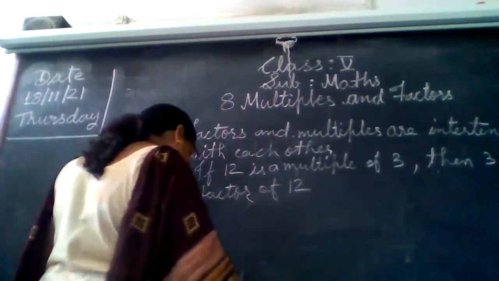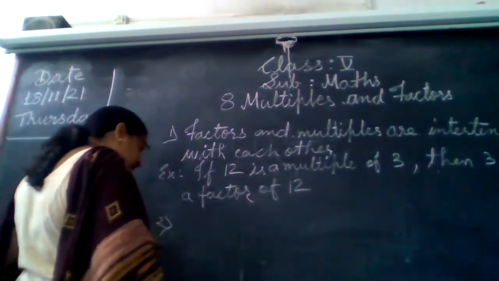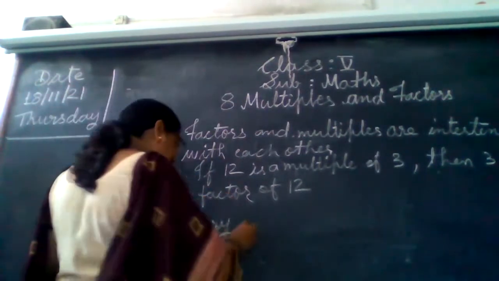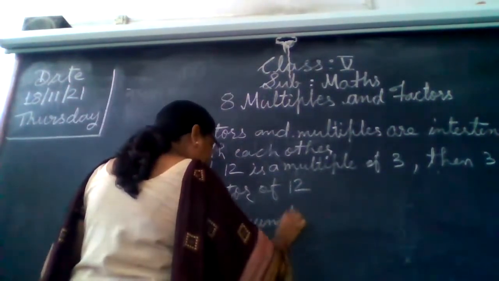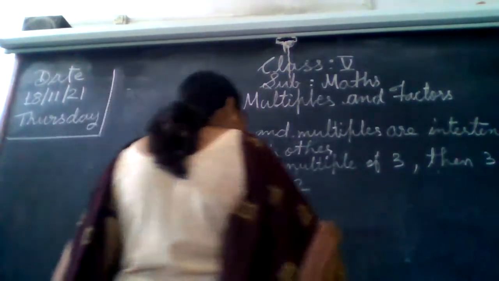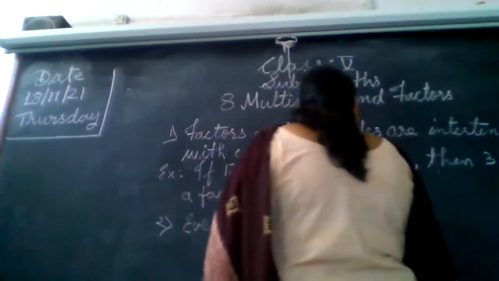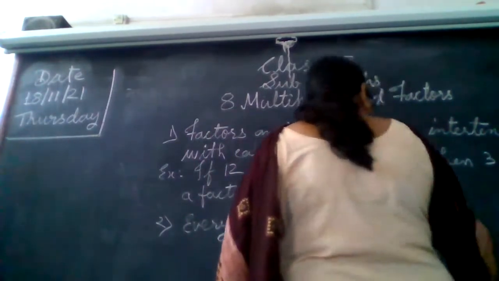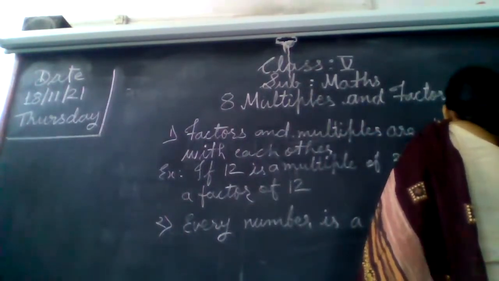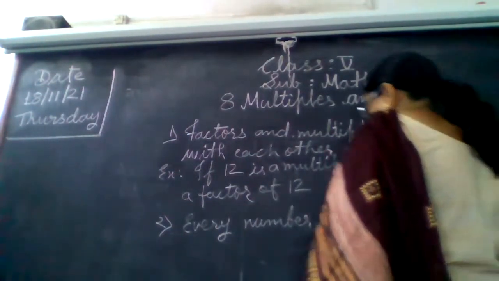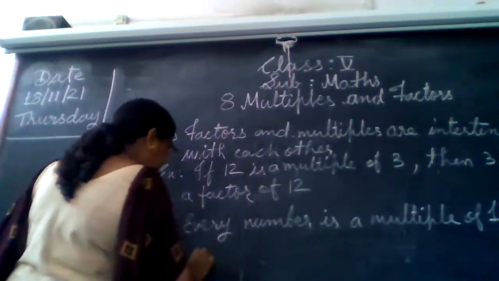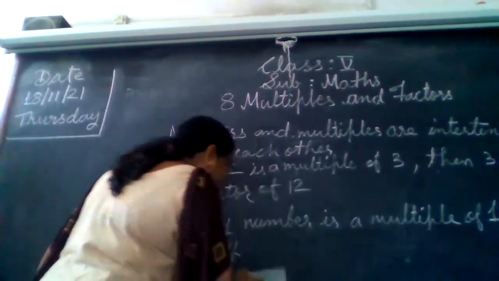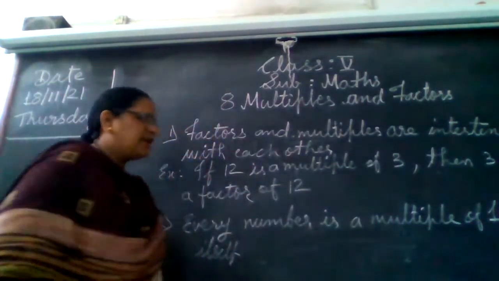Second point: every number is a multiple of 1 and itself. Means every number is a multiple of 1 and itself.